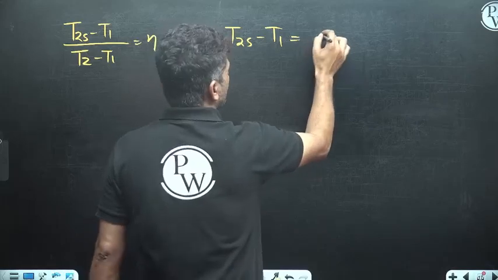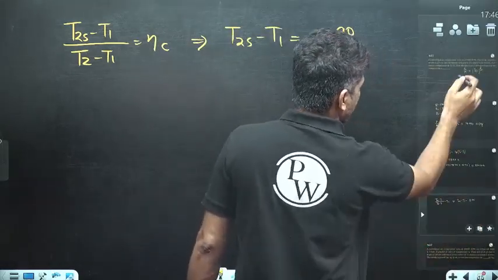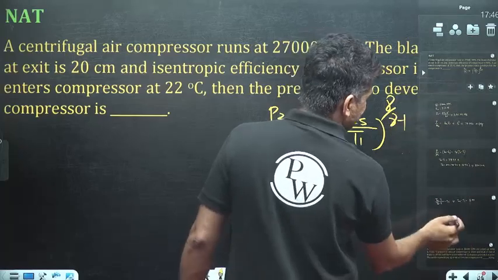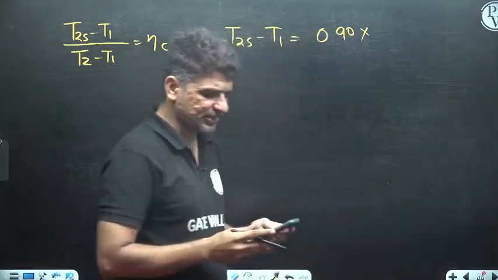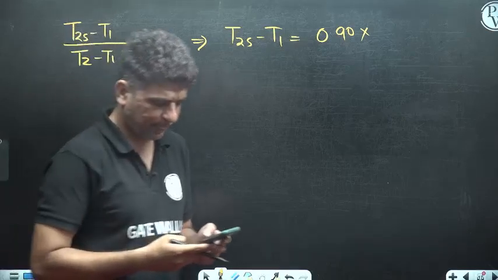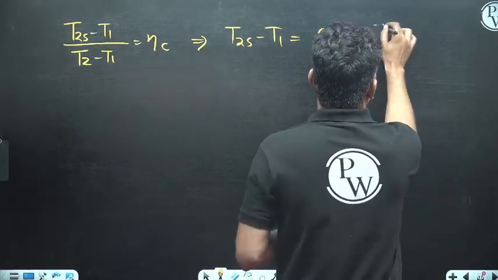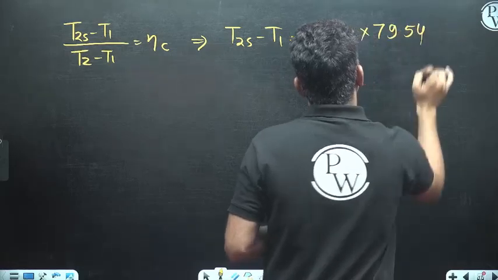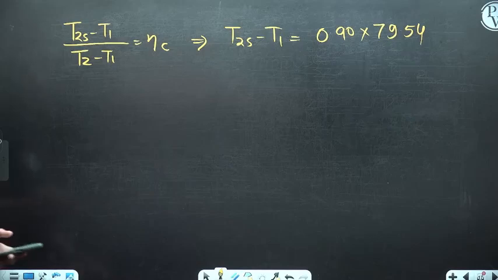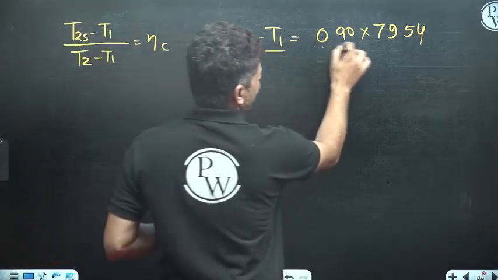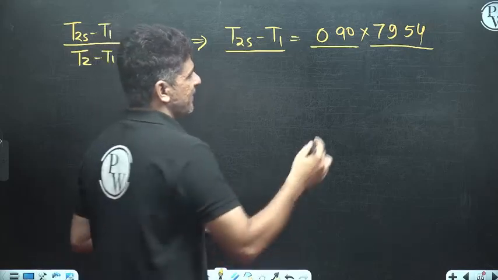The efficiency of compressor is given as 90%, so 0.90 multiplied by... sorry, T2s minus T1 is equal to 0.9 into 79.54. Okay, so this will be 71.59.